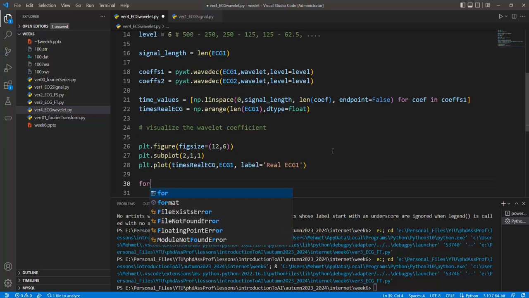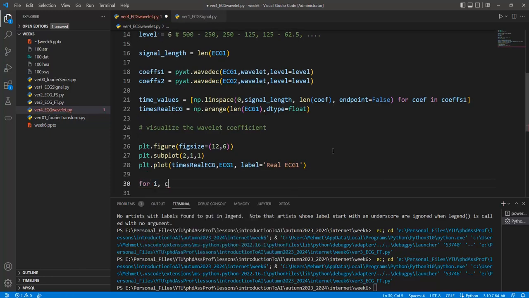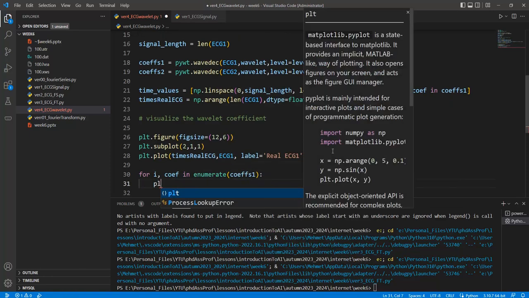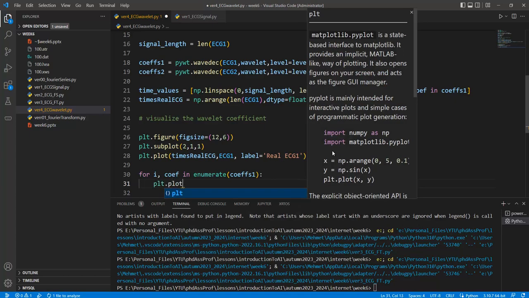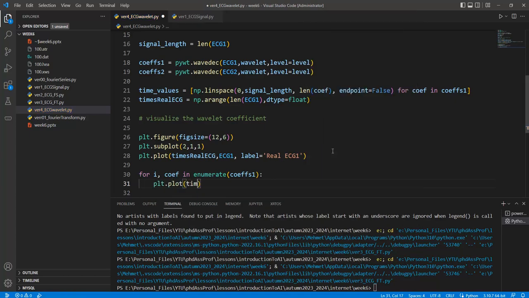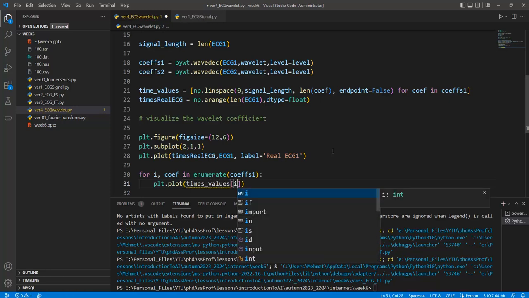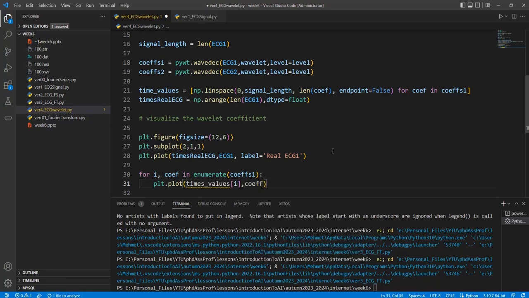And after that we should give i and coef in enumerate what, coefs 1, okay, and plot plt.plot times values for the specific index and coef plus i times 2.